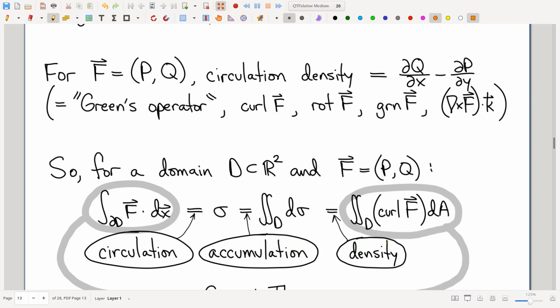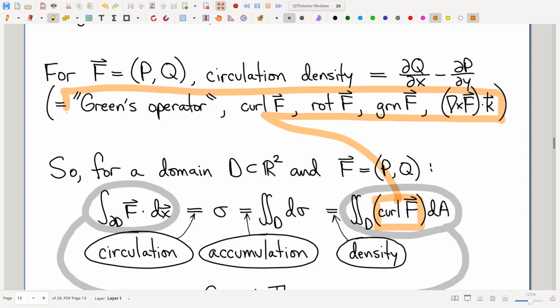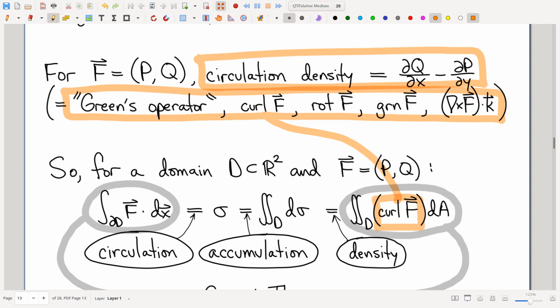One thing we're not going to spend time on in this class is how to compute that density, but it goes by many different names, many different notations. I like to call it Green's operator, and it's the density that you get when you look at circulation as your accumulated quantity. And there's your resulting theorem.